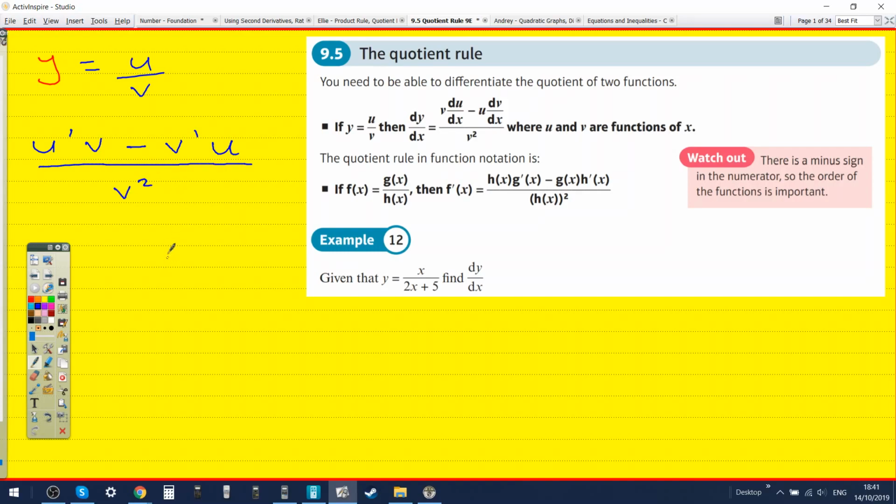You just have to make sure you get them the right way around, because there's a minus in between. So use that. Try example 12.